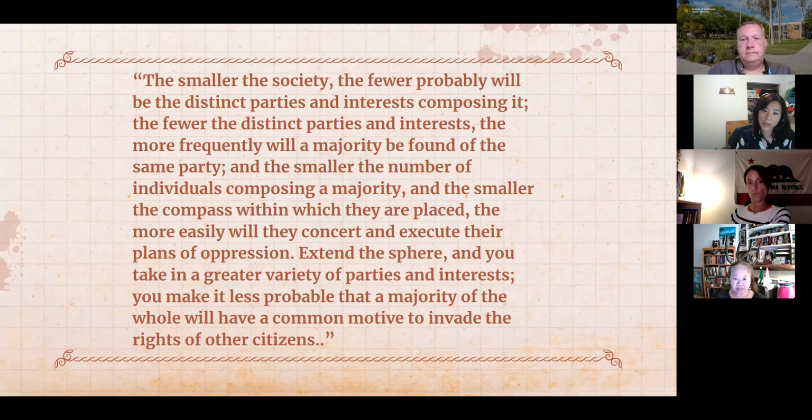However, if you extend the sphere, taking in more people and a larger area under this government, you will have a greater variety of parties and more interests, and then it's less likely that the majority will have the common motive to invade the rights of the citizens.